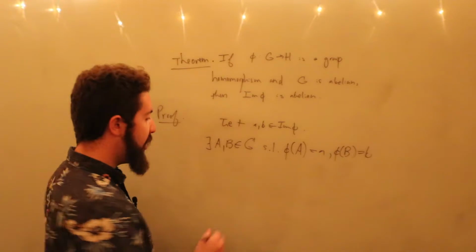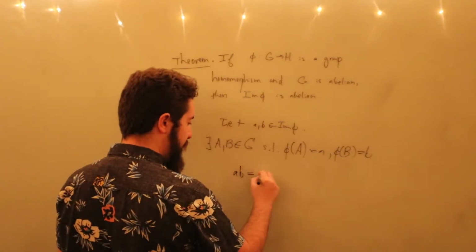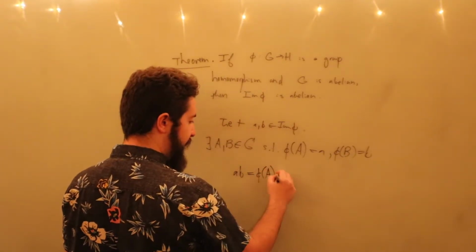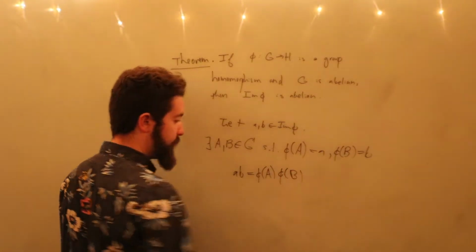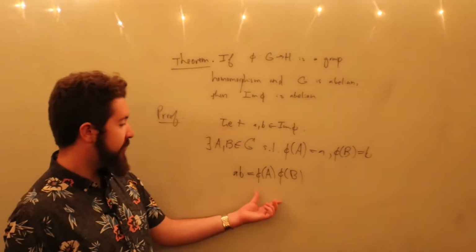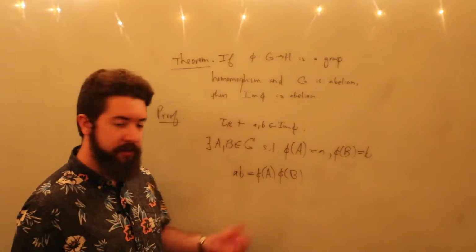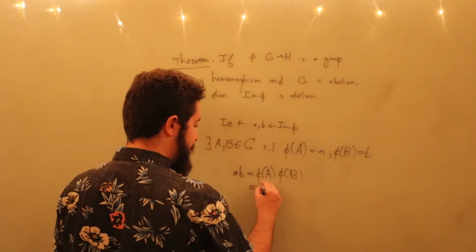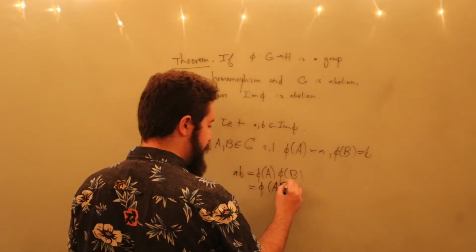So we can write the product a times b as phi of big A times phi of big B. But since phi is a group homomorphism, and we know it preserves products, this is equal to phi of A times B.